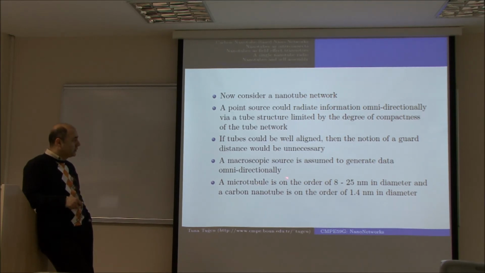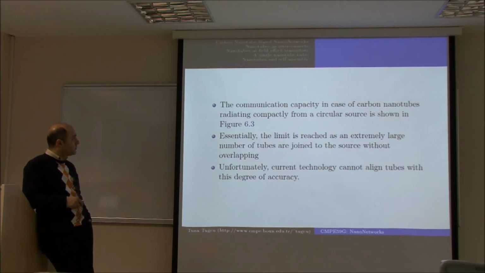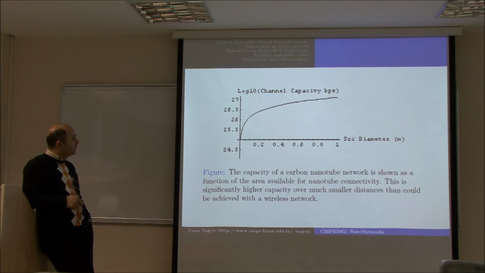So a microtubule is, as you know, on the order of 8 to 25 nanometers in diameter, whereas the carbon nanotube is much smaller, at around 1.4 nanometers in diameter. The communication capacity in case of the carbon nanotubes radiating compactly from such a circular source is shown in the next figure here.